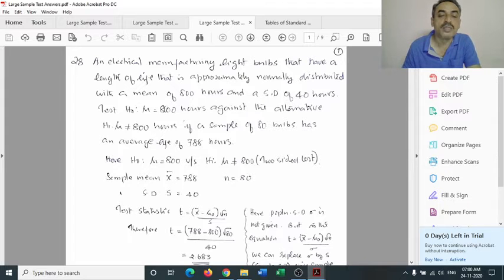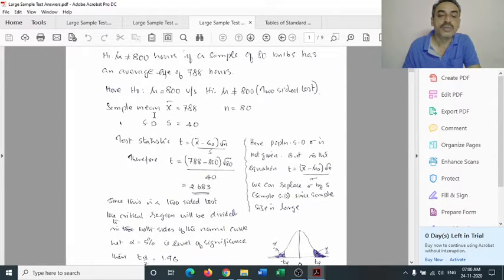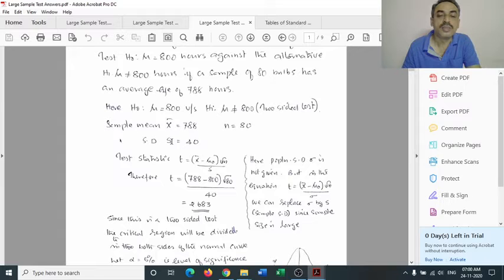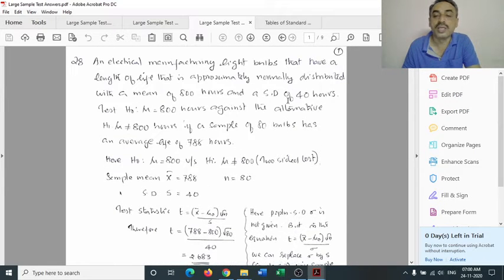Because the question is to test whether the mean is 800. We are given sample mean 788, sample size 80, and there is a mistake here. This 40 is not S, it is sigma, because in the question the life length is approximately normally distributed with mean 800 hours and standard deviation 40. So this 40 standard deviation is that of the population. There is no statement regarding the sample standard deviation.